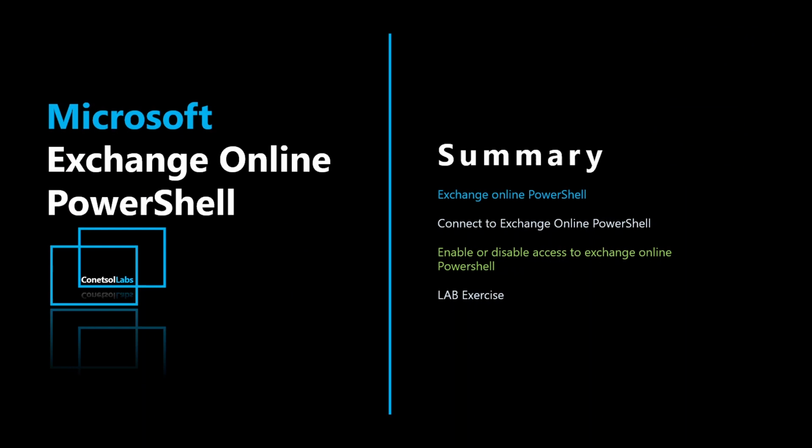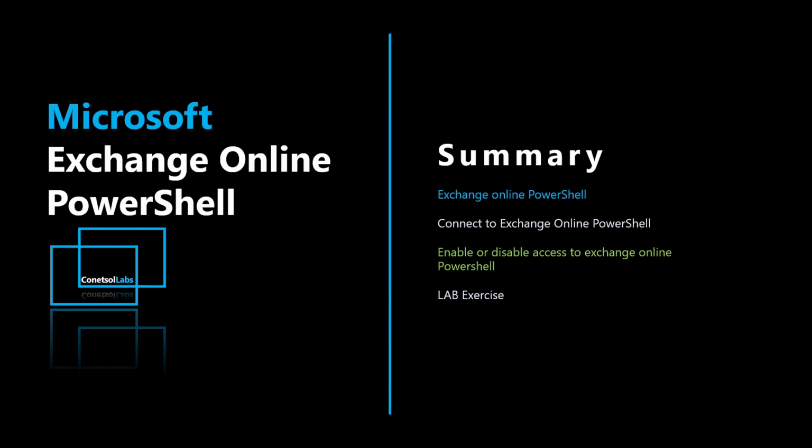Here is the quick summary of what we have learned in this episode. We have learned what is Exchange Online PowerShell, and we have also learned how we can connect to Exchange Online PowerShell with or without MFA.